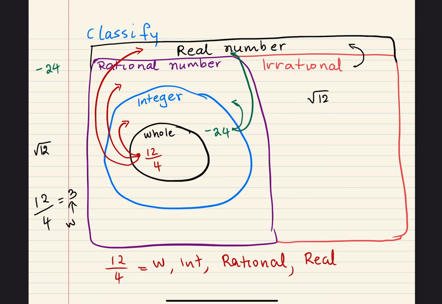So you can say negative 24 is integer, rational, real. I hope you understand how to classify real numbers as well as what the types of real numbers are. Thank you.